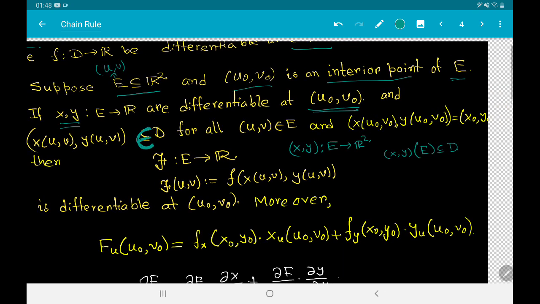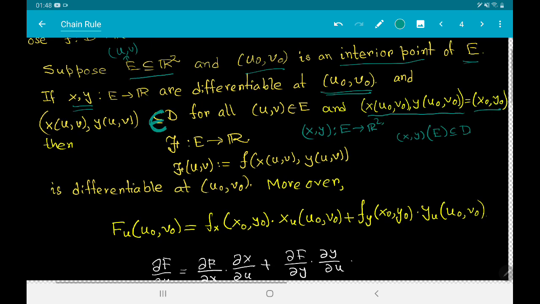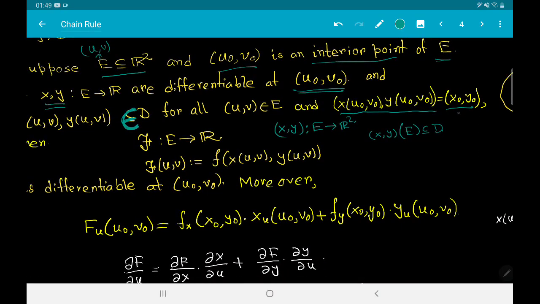And of course we do need the assumption that the point (u0, v0) was chosen in such a way that the image of this point under this map (x, y) is going to be (x0, y0). This was an interior point, and we know that f was differentiable at this point.